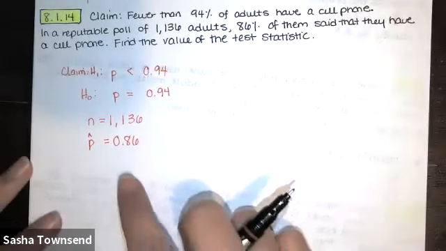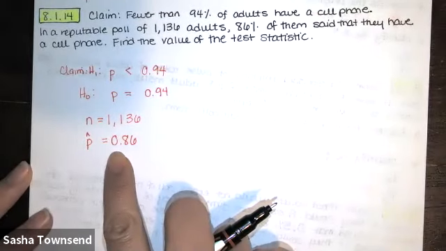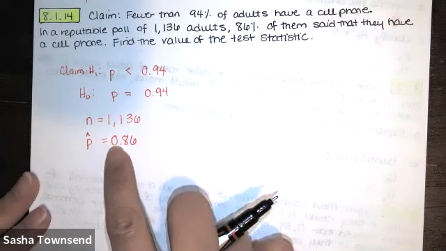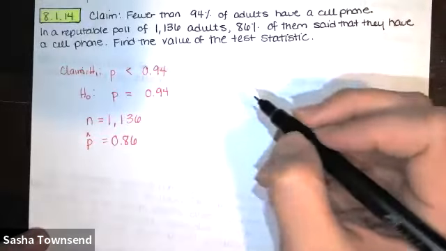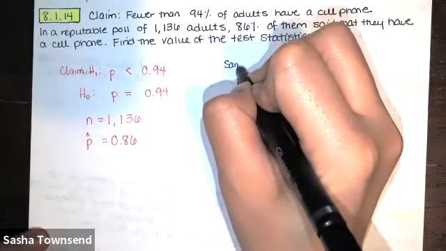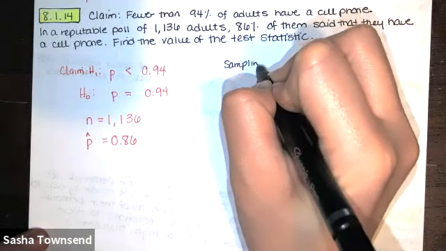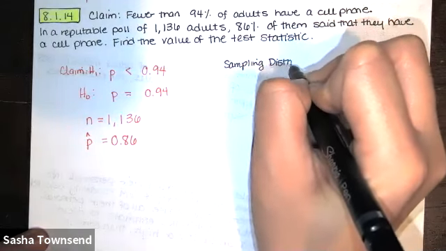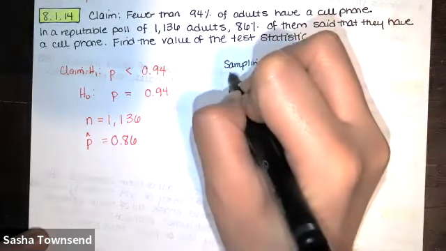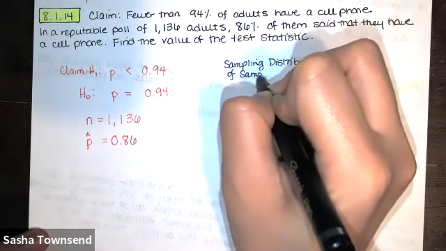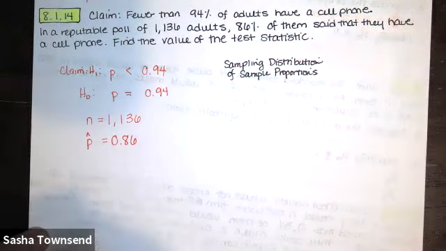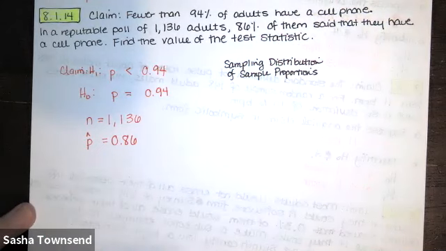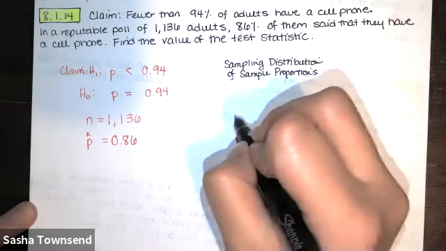And our question is, is this a rare value for P hat, assuming that the null hypothesis is true? So you can think of this in terms of the sampling distribution of the sample proportions. Remember, we covered that back in chapter 6. So you're imagining taking all samples of size 1,136 and computing a P hat for each of those samples, and then looking at how those are distributed.